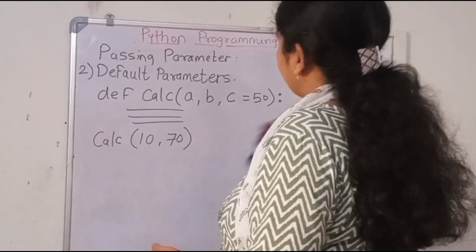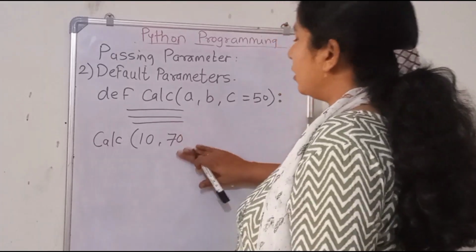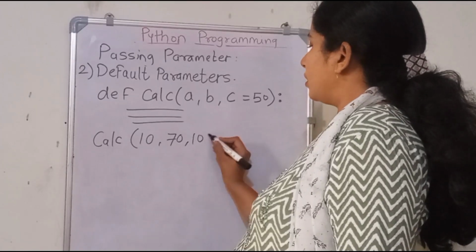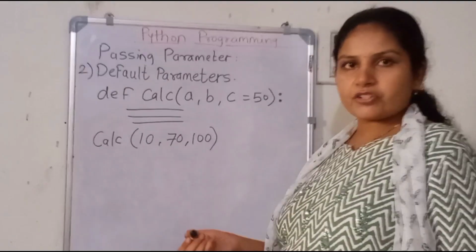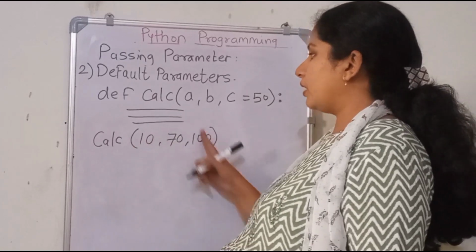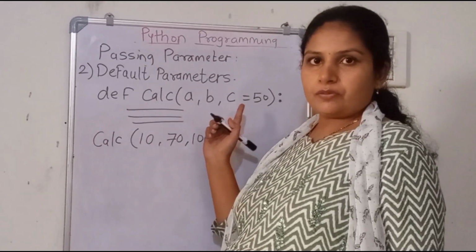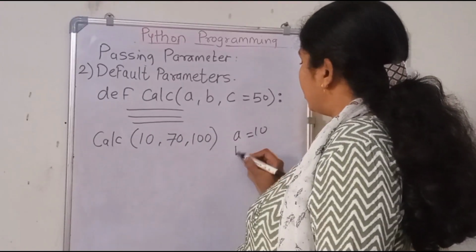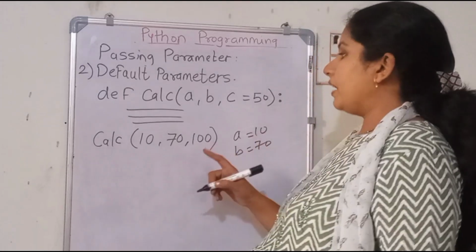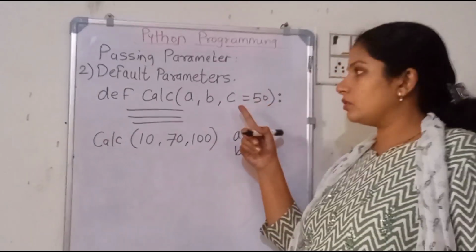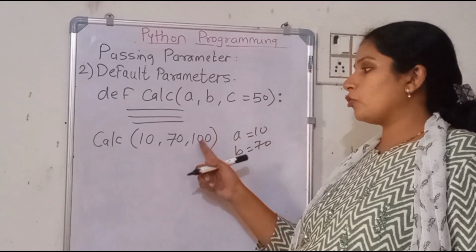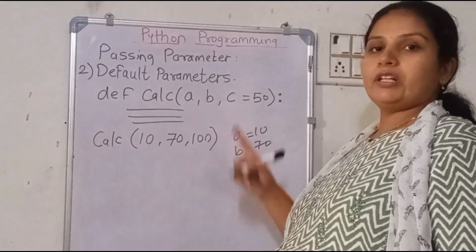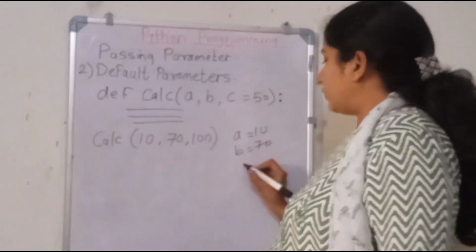Suppose here I am giving the third value inside the calling function: 10, 70 and 100. While calling the function, I am providing three values to three parameters. So here A equal to 10, B equal to 70, and though we have given a default value, if we provide another new value while calling the function, this new value will be taken, not the default value.